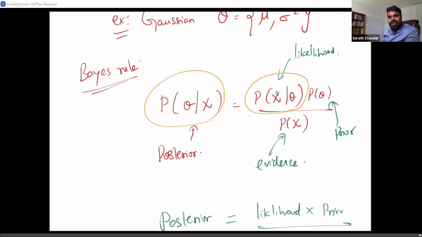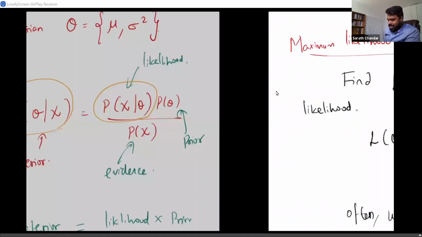So given a data set, what is the probability of theta given this data set? Now instead of maximizing the likelihood, one could actually maximize this posterior distribution and find the most reasonable theta, right? So that is our second estimator.